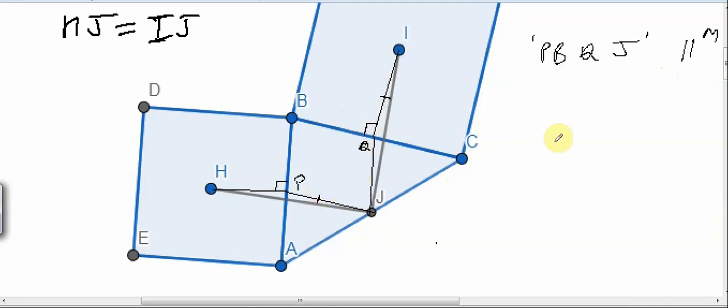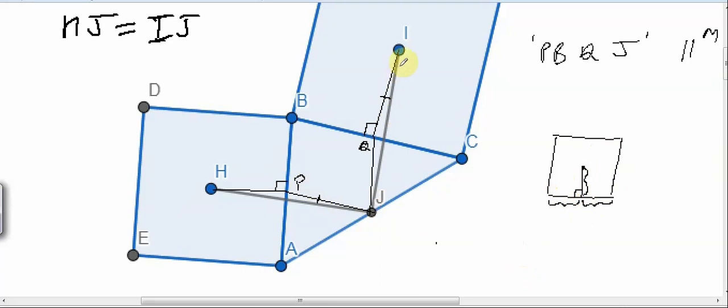Why is BQ equal to IQ? Because of the following reason. If you take a square, consider its center, drop a perpendicular to a side like this, then the length of this side is going to be equal to the length of this side and this as well.